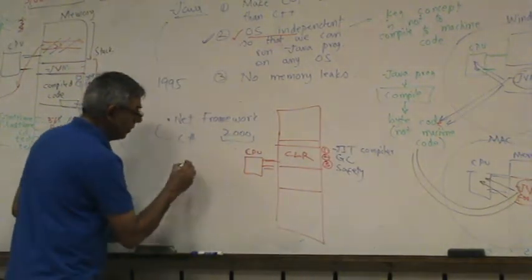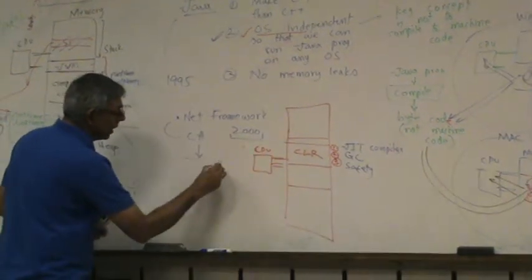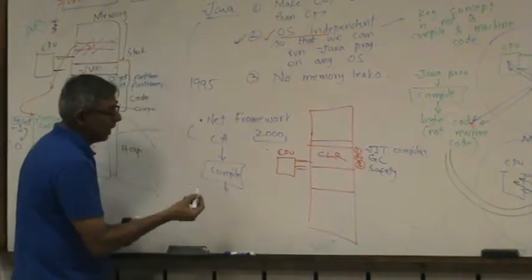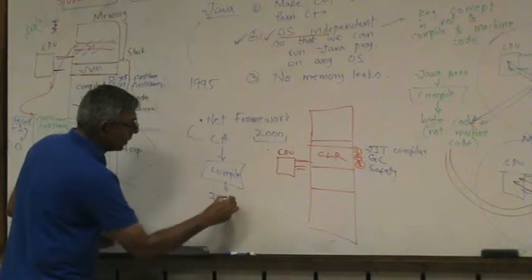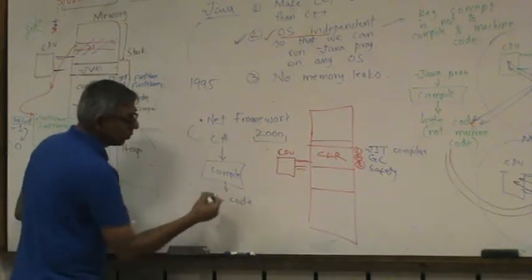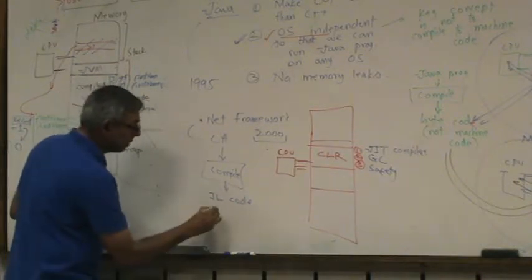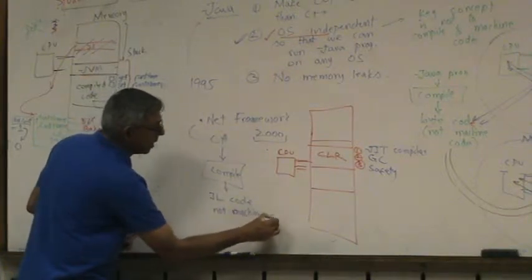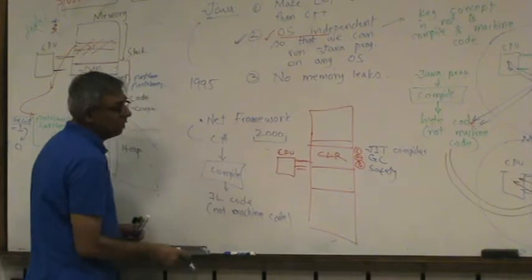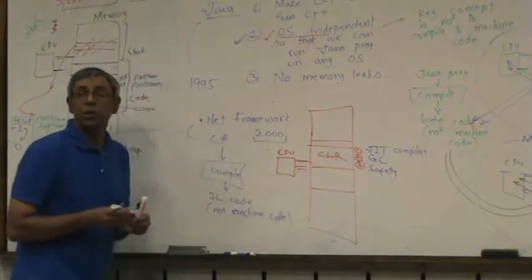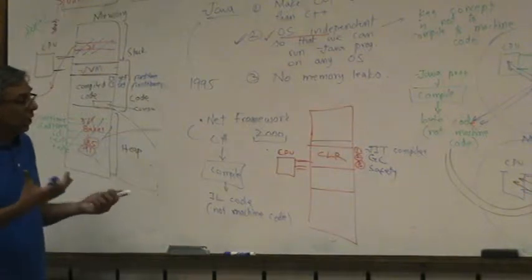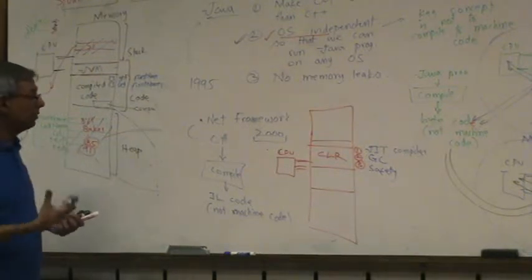If we wrote a C# program, again, we'll compile it, but we will not compile to machine code. This is called IL code, short for intermediate language code, and not machine code. So that, just like JVM, we can create a CLR for different operating systems, and we can run the C# program on any operating system without having to recompile it.